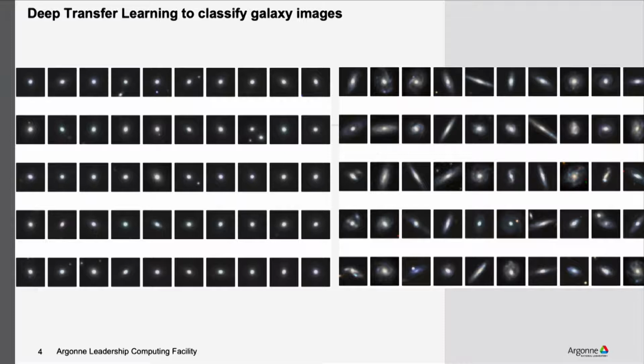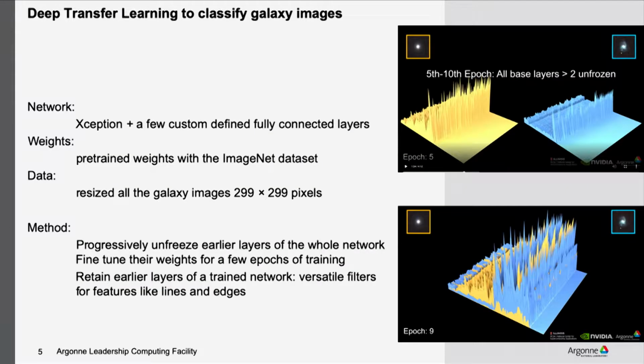And so thousands of people did this, and they ended up giving us a gold sample, right, to train neural networks with. And so this is what we've done recently. This is deep transfer learning to classify galaxy images using that Galaxy Zoo training set, right? Using the data set given to us by members of the public. So in this project, this is an example of transfer learning where we took the Xception model, right?